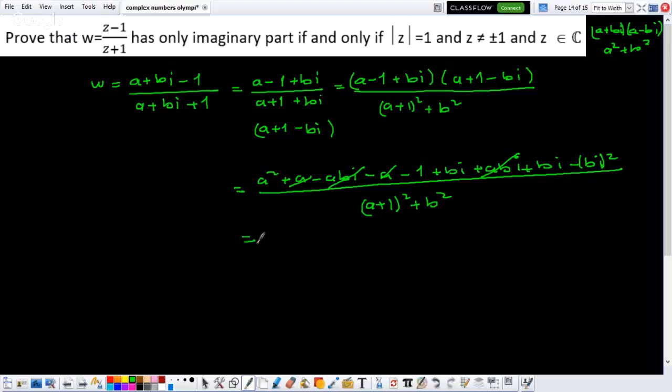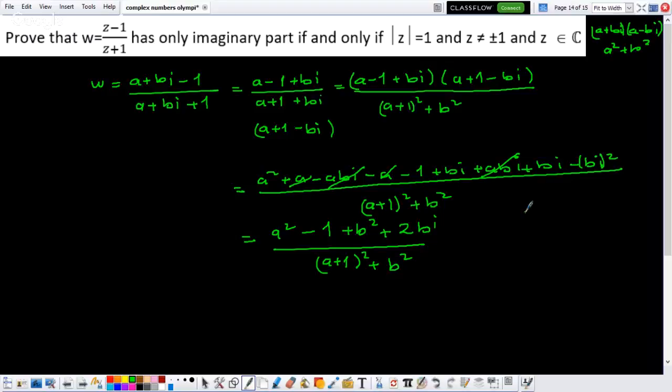So it's equal to A square minus 1 plus B square plus 2BI all over A plus 1 square plus B square.